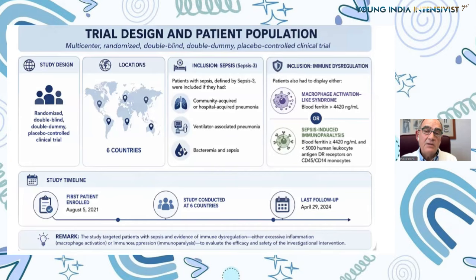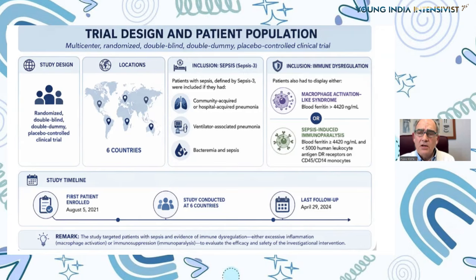This trial was designed as a multicenter, randomized, double-blind, double-dummy, placebo-controlled clinical trial in 6 different countries, where inclusion was once again patients whose characteristics were in accordance with the Sepsis-3 definition. Most of these patients had community or hospital-acquired pneumonia or ventilator-associated pneumonia, bacteremia, and sepsis.